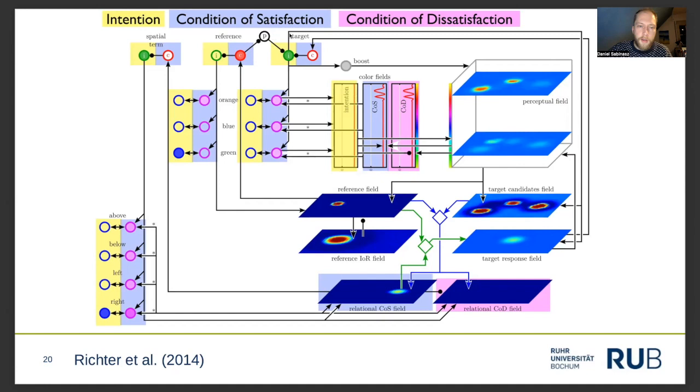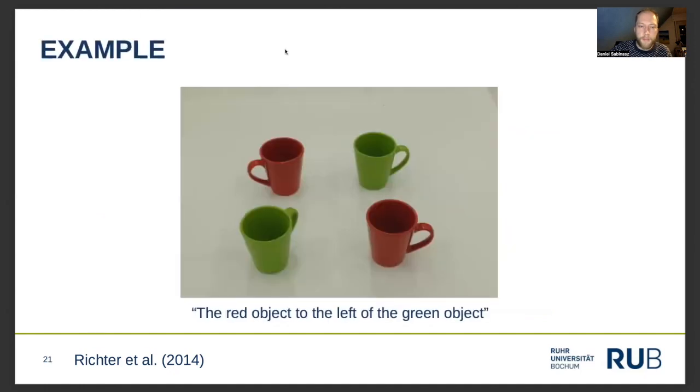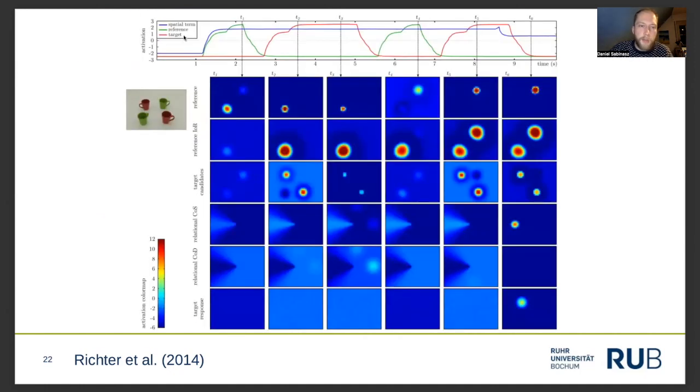And the last thing I should mention is that all process nodes consistently receive boost input. So by default, they would become active unless they are inhibited, like in this case, for example. And that's why by default, only the spatial term process and the reference process intentions become active here, whereas the target process is not active.